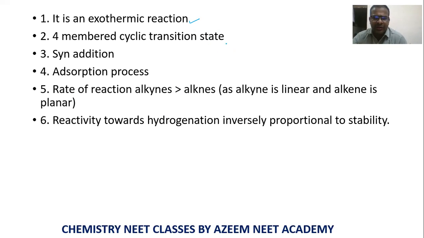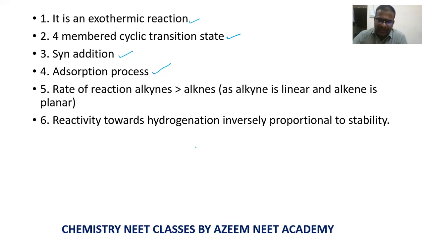Understood, students? Now I told you that there is formation of a four-membered transition state. We have also seen the syn addition reaction, and adsorption is occurring. Now, rate of reaction. If I take alkene and alkyne, both undergoing reaction, which is going to react faster? You know very well, it is a syn addition reaction.